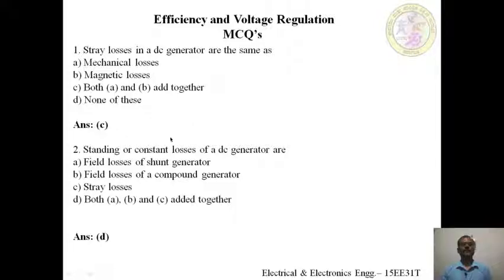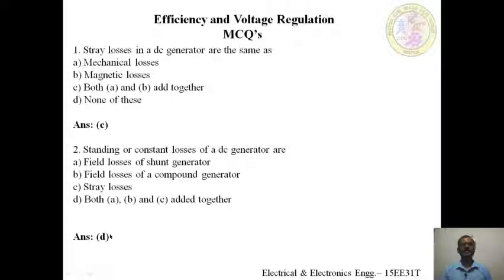Next one, standing or constant loss of a DC generator are: field losses of shunt generator, field losses of compound generator, stray losses, both A, B and C added together.